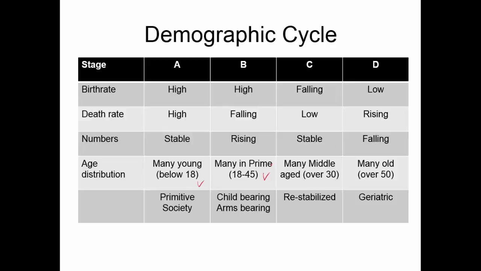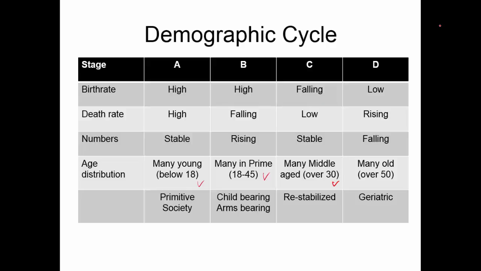In other words, after you go through your transition phase and you complete your industrial phase, this is what you look like. You should look like your birth rate's falling. This is what we've seen, that your death rate is very low, and your numbers are stable because now your birth rate and your death rate match again.